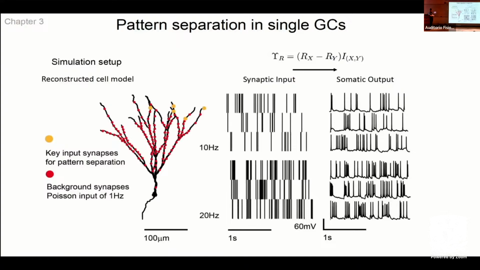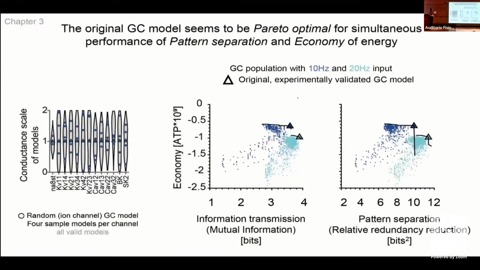Then we have several trials that we feed into these yellow key synapses, and then we measure at the soma the firing pattern, compare it with the pattern separation that I just showed, and get a number for the performance.